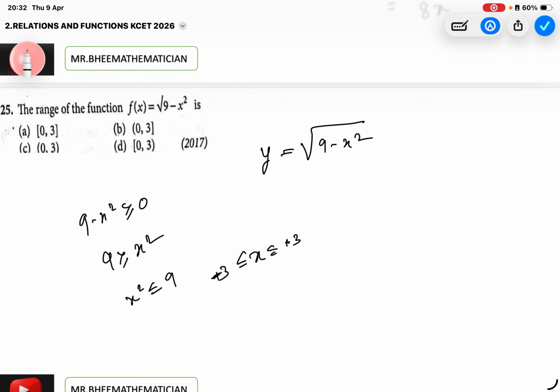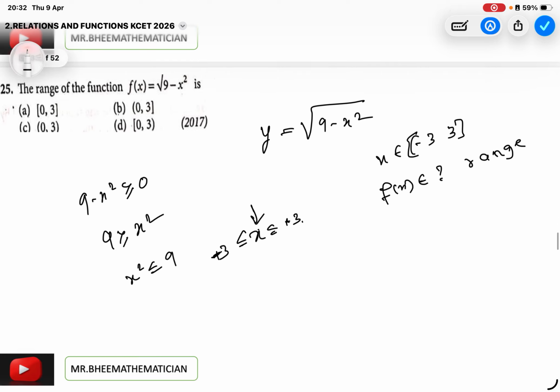So make it f of x. If x is from minus 3 to 3, then what about f of x? That is the range.